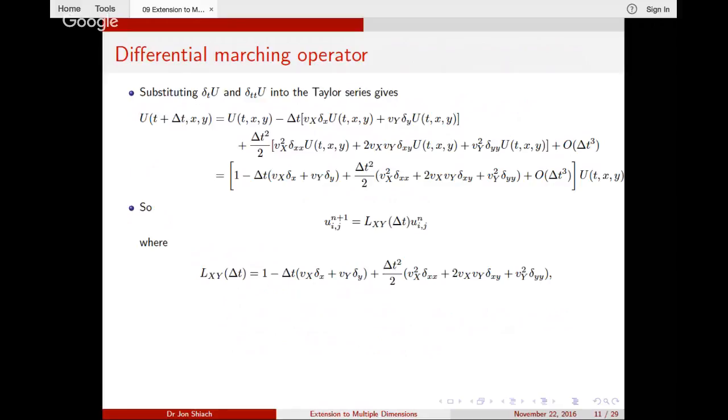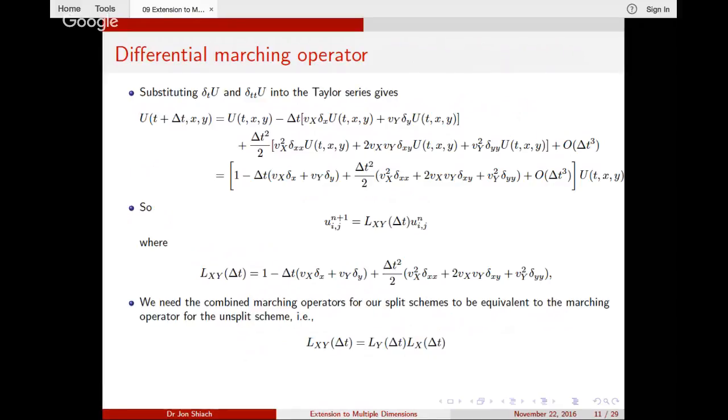That's our two-dimensional marching operator. What this means is, if we were to split up the problem, take our marching operators in the split problem, and combine them, we should get something which is equivalent to that. If we don't, we've got a problem, we can't split it. So that's what that basically says.